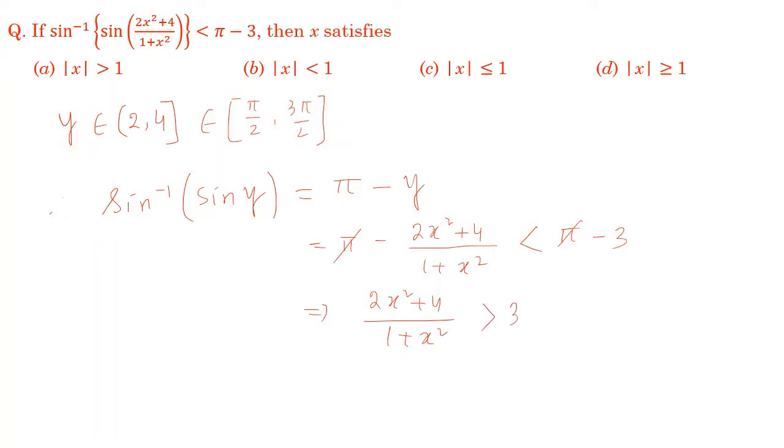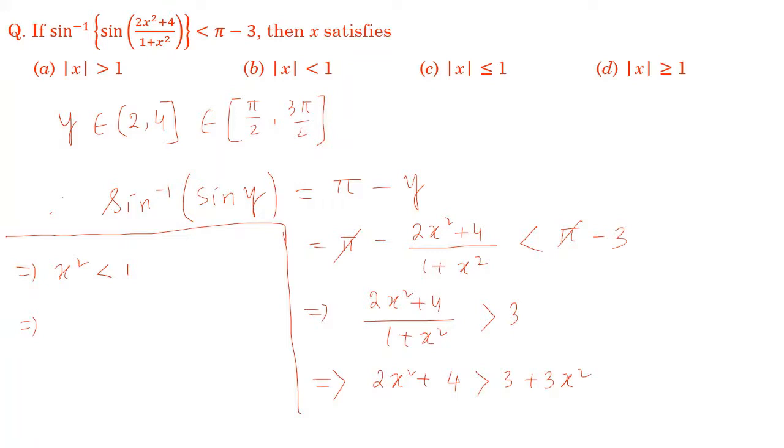Is that clear? Because of the negative sign product here, that implies twice x square plus 4 is greater than 3 plus 3x square. So this implies x square is less than, only less than, 1. 4 minus 3 is 1.